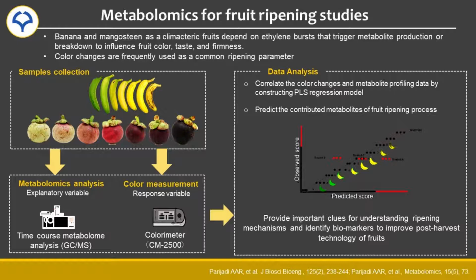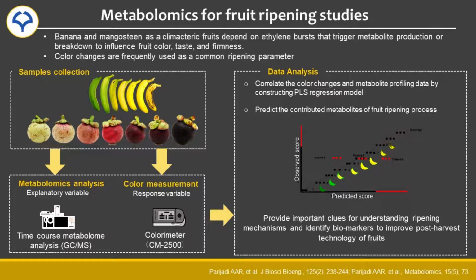Now, let's talk about studies that have already been conducted in Fukusaki Laboratory. First is metabolomics for fruit ripening studies. For example, banana and mangosteen are fruits that can ripen even after harvest, and the color changes are commonly used as ripening parameter.